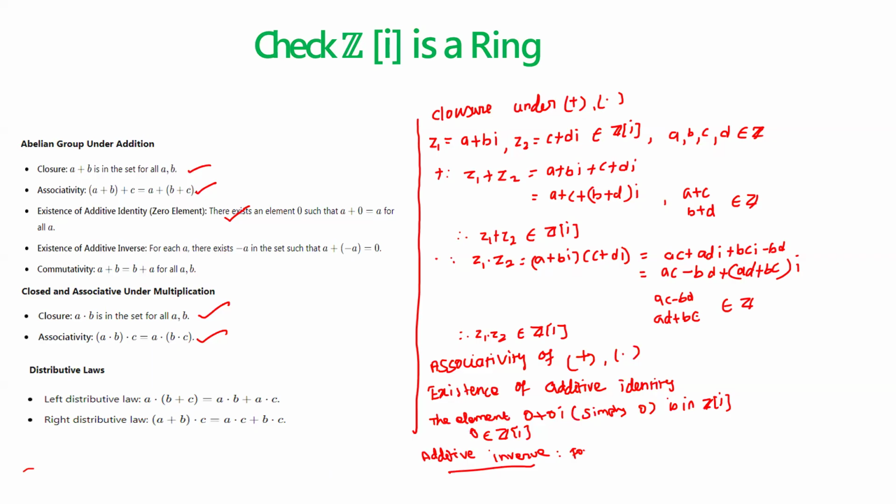For z equal to a plus bi, the additive inverse is minus z, which can be written as minus a plus minus b i, which also belongs to Z[i]. Since a and b are integers, minus a and minus b are also integers.